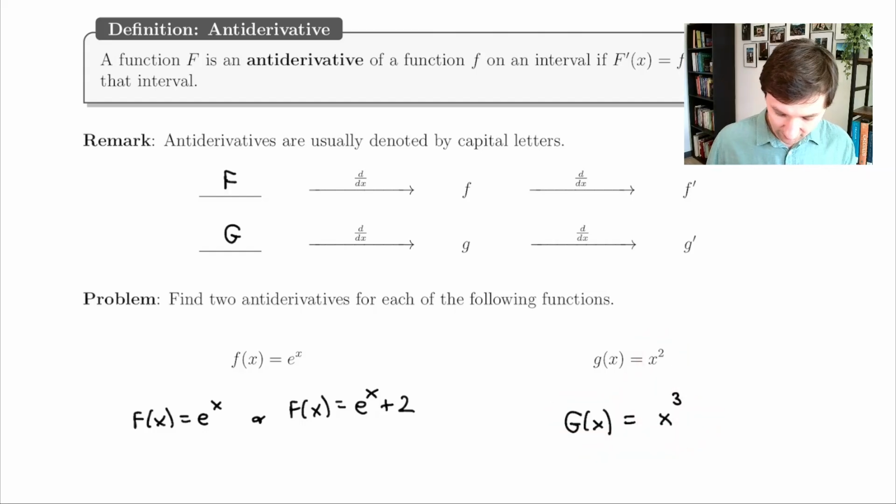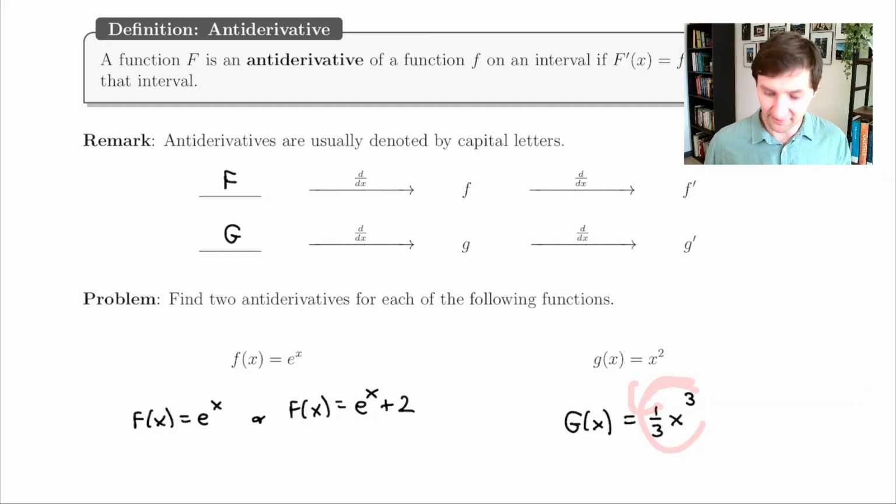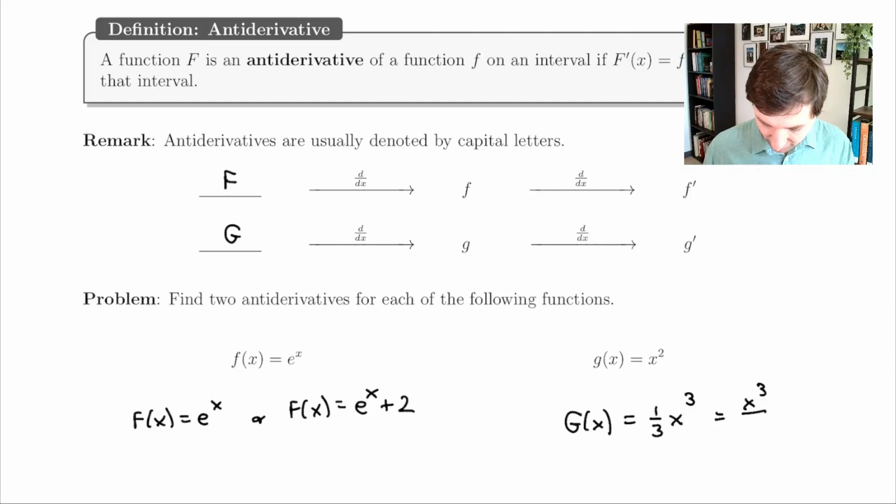To adjust, I will say that my antiderivative is 1/3 x to the third power. Because now when I take the derivative of this function, 3 comes down and cancels with the 3 in the denominator, giving me simply x squared. I could have written this as x to the third power divided by 3.